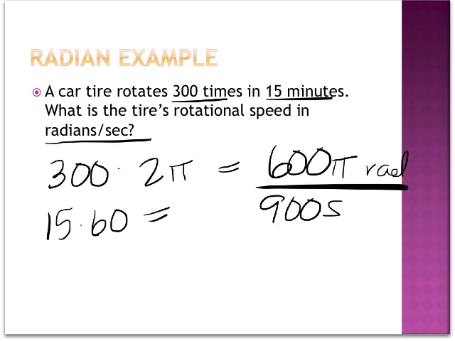So this would be the step where you actually include the pi, so that you get an actual number. Or you could even carry it through this, because 600 divided by 900 is going to be 0.67 pi radians per second. Or if it makes you feel better about it, you can multiply it out by pi.